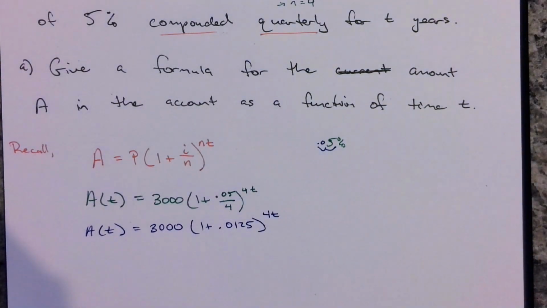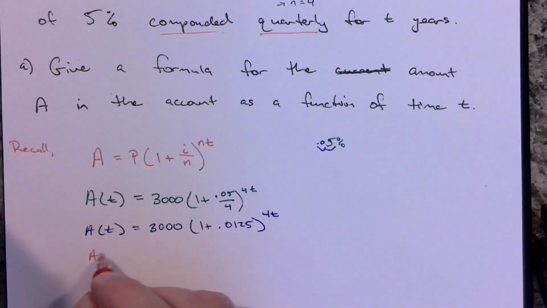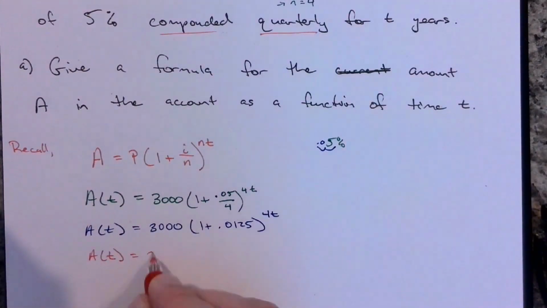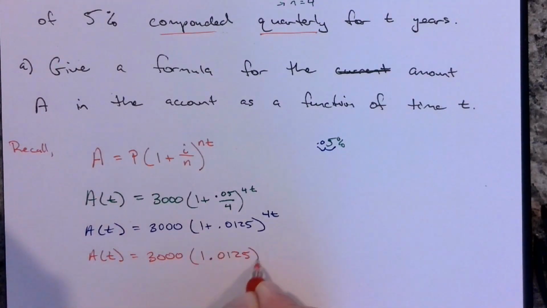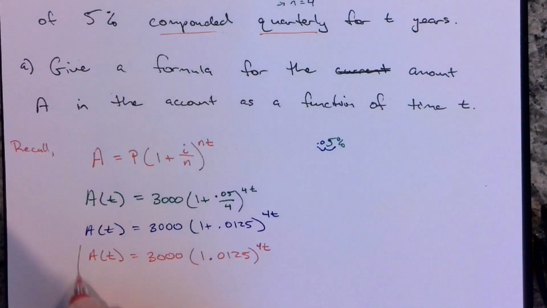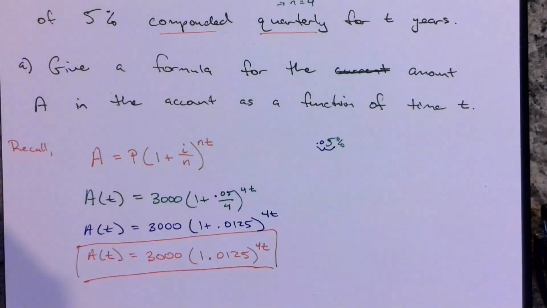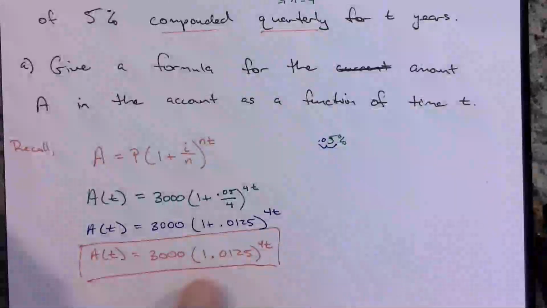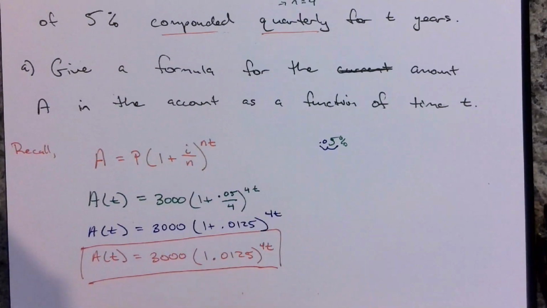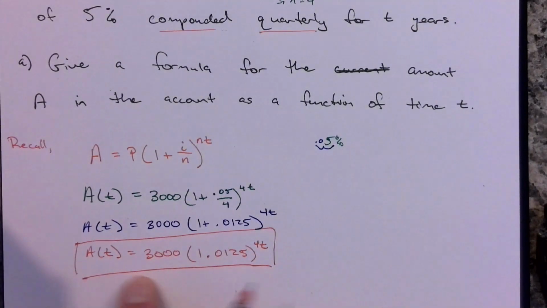And then adding these together, you end up with A of t equals 3,000 times 1.0125 to the 4t power. And this is A as a function of t, right? So if I gave you a time t, you could substitute it into here and find A of t. So if I said find A of 4, you would substitute 4 in for t, and you could evaluate the amount in the account after 4 years.